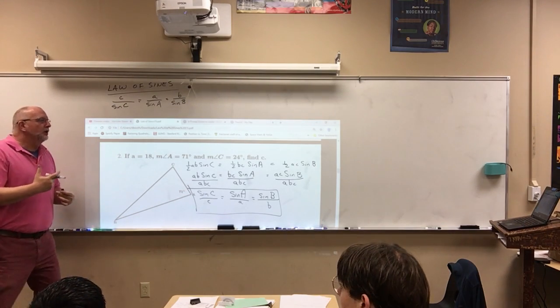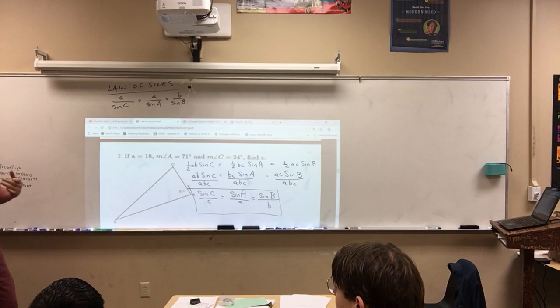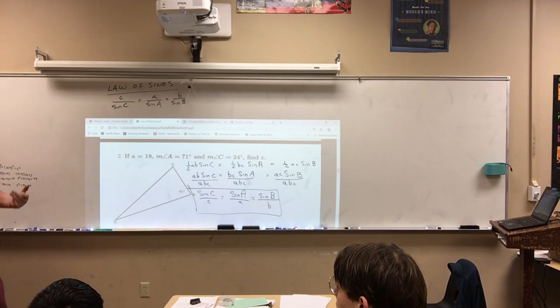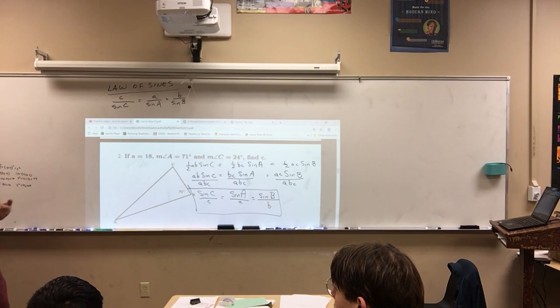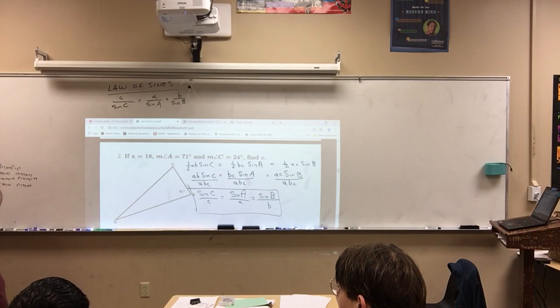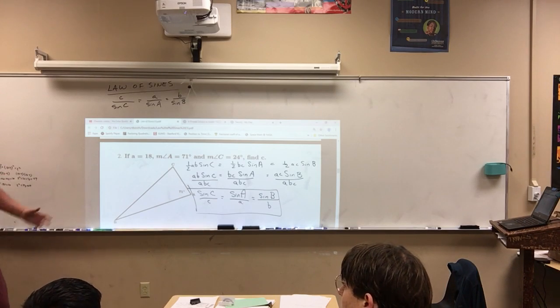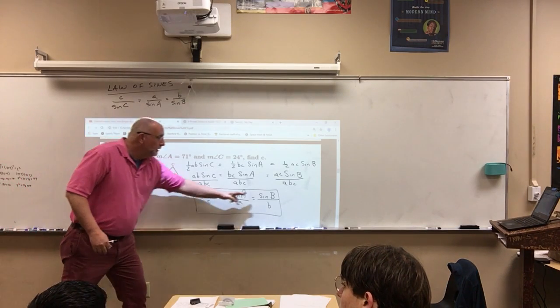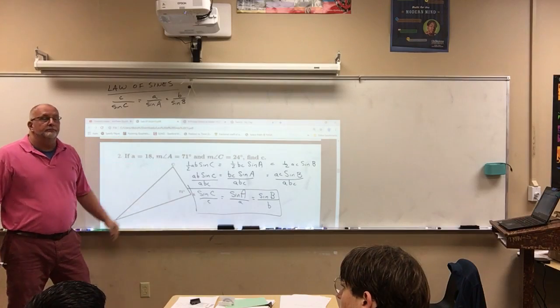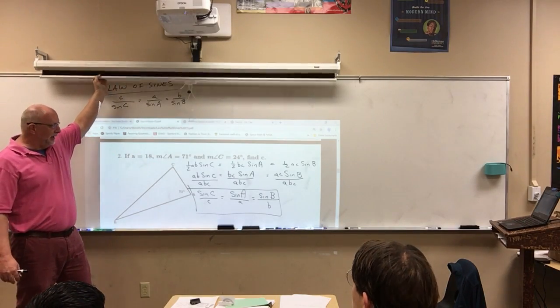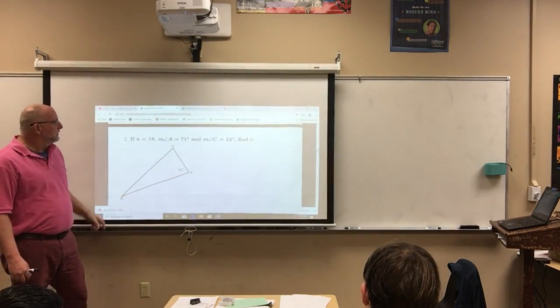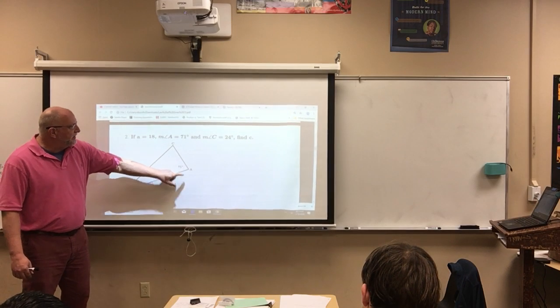The one I'm going to use depends on what my given information is. Ultimately, it really doesn't matter which way you start. You have to be consistent: angles on top or angles on bottom. Cool? Excellent.